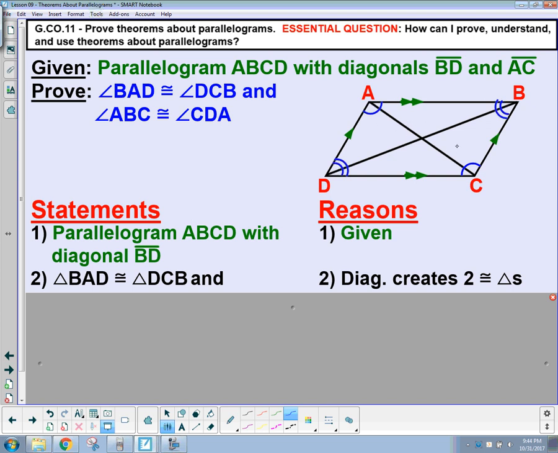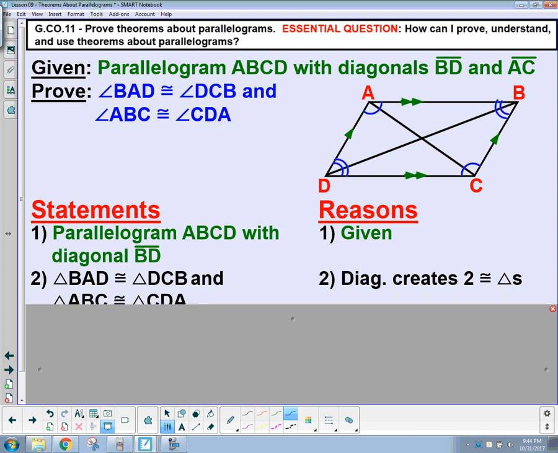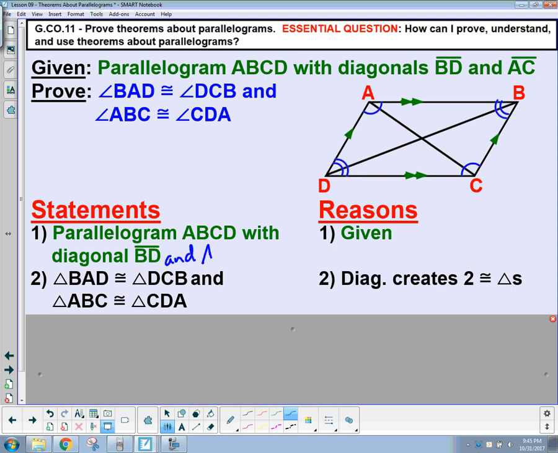They're created because of that diagonal. And ABC, this one, and this one. You know what? I need to put that in here. And AC. So, diagonals created. We got two triangles. This one, and then this one and that one.